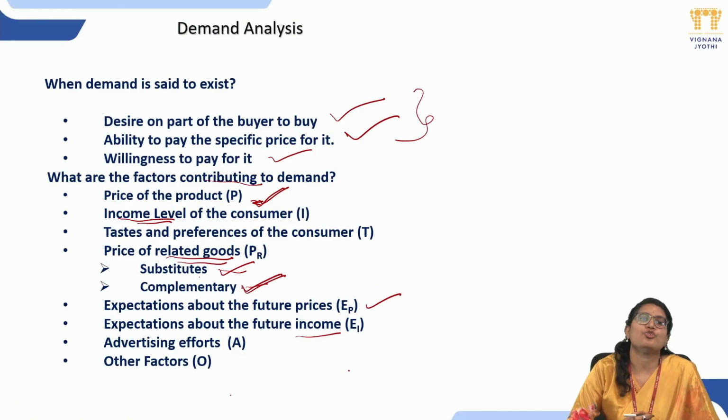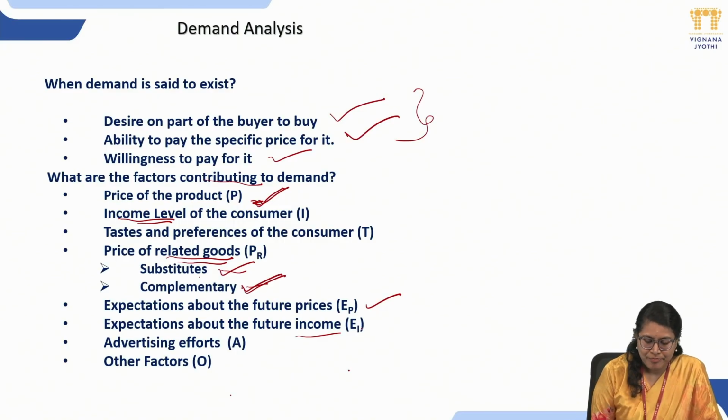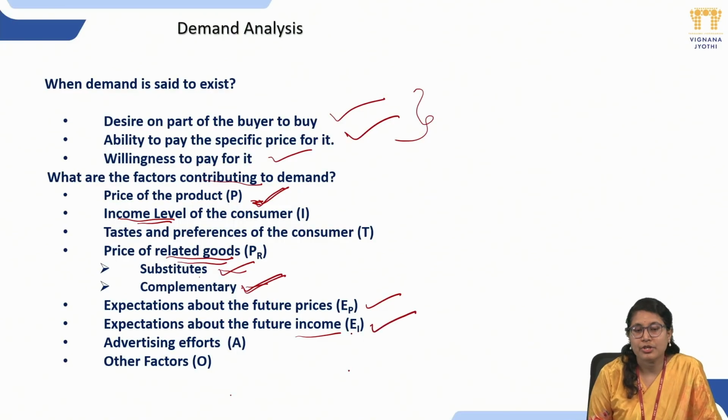What you are going to do, you generally plan from now itself to spend that money. That is the expectation about the future income. If you think that there is an increase in your income in future, you will definitely plan to buy now itself. So it is one of the important factors which contributes to increasing the demand for the product.